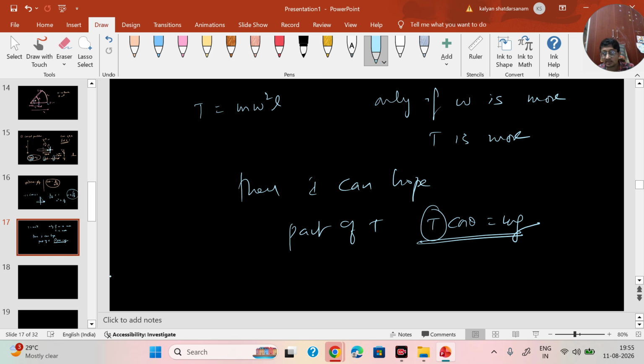If T is only less than mg, how can part of T balance mg? T is only less than mg, then T cos theta, which is even less, how can it balance mg? So there is a minimum omega for this.